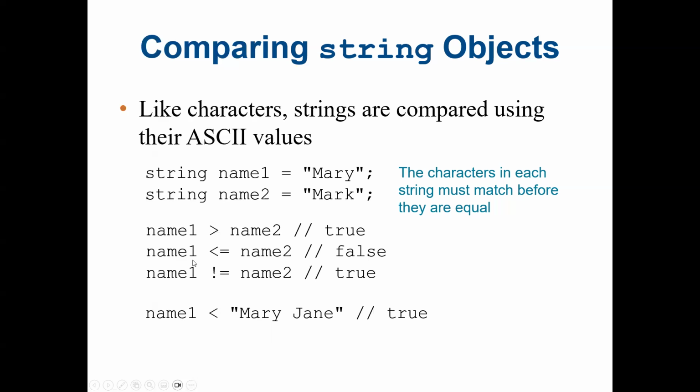Next, is name1 less than or equal to name2? No. Name1 is greater than name2, so that is false. Then is name1 not equal to name2? Yes, it's true. Name1 is Mary, name2 is Mark. They are not the same. Then also here we can ask, is name1 less than Mary J? Yes, that's true.